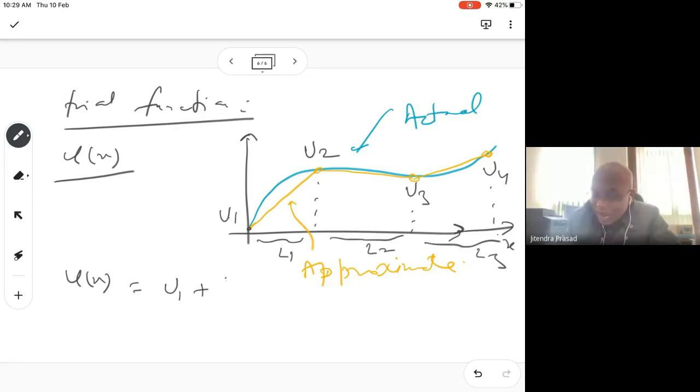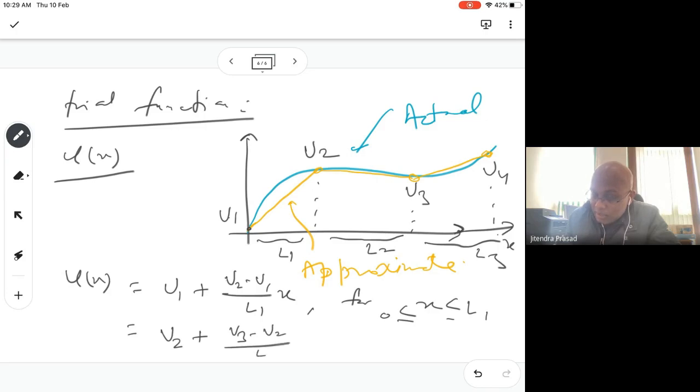You can write u(x) equal to U1 plus (U2 minus U1) over L1 times x, just linear interpolation. This is for x from 0 to L1. Then equal to U2 plus (U3 minus U2) over L2 times (x minus L1).